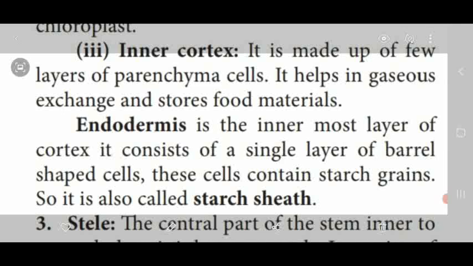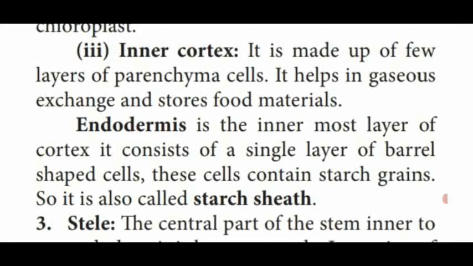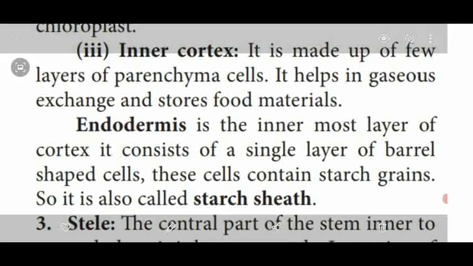This endodermis is also a single layer made up of parenchymatous cells, closely packed, barrel shaped cells, but the only variation between root and stem is that the endodermis contains a large amount of starch grains. So this endodermis is named as starch sheath. Why is endodermis named as starch sheath? That means it contains a large amount of starch grains. So this endodermis is named as starch sheath.